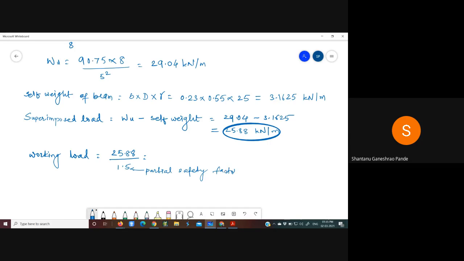So if you divide this ultimate load by this partial safety factor, you will get the working load. What is the value? 17.25 kilonewton per meter. So this is the working superimposed load that can be safely carried by the given beam.